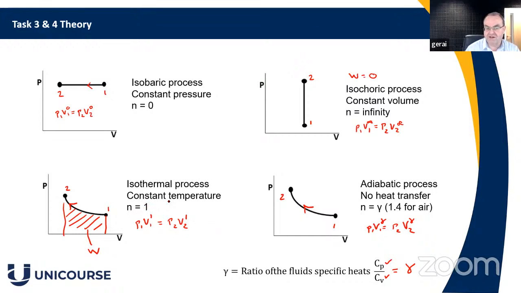These are the classic values: 0 for constant pressure, 1 for constant temperature, infinity for a constant volume process, and 1.4 for an adiabatic. And it's n, whatever it is, for any other process. But we'll look at the classic cases.